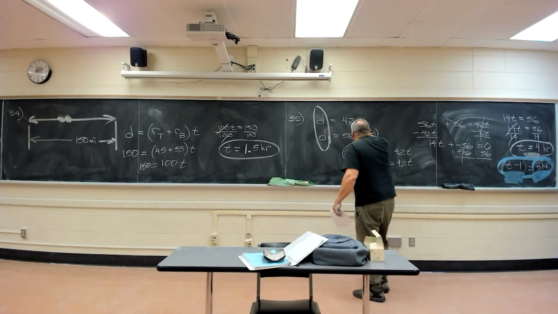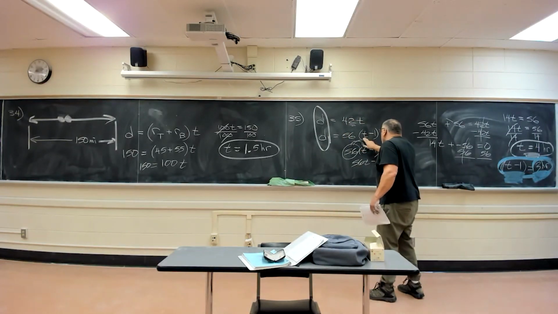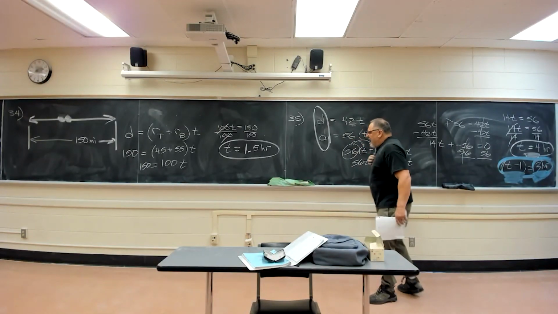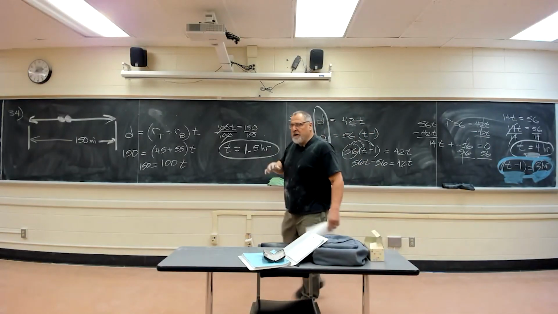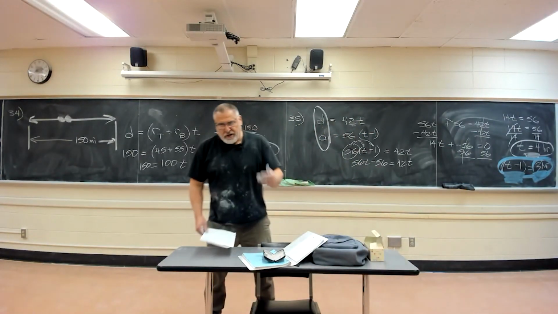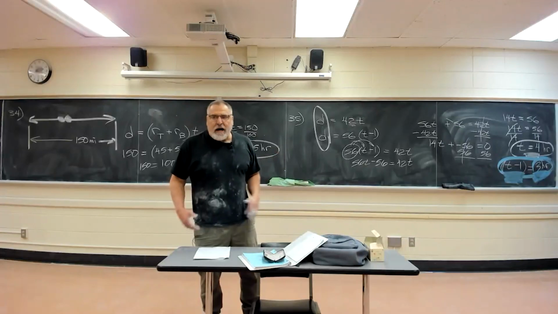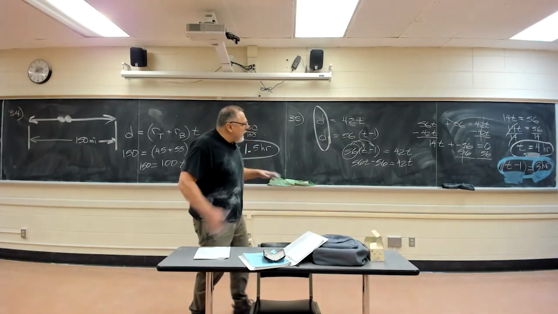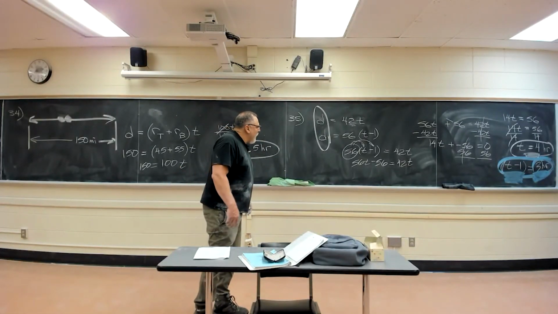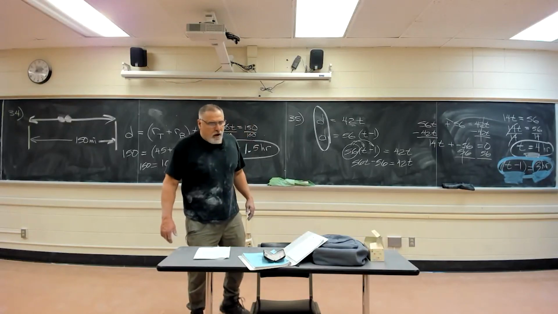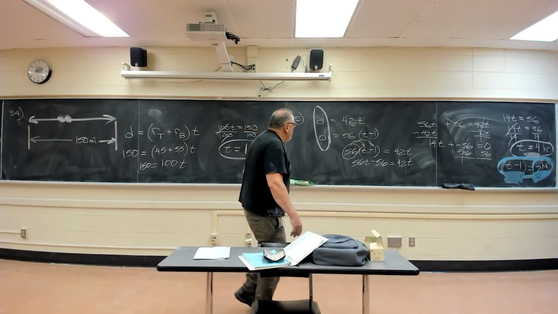Put a 4 right here. 4 times 42 is 168. 4 minus 1 is 3. 3 times 56 is 168. At the 168 marker, just south of Chicago, if they started in Milwaukee going south, let's say, they end up meeting up at 168 miles.